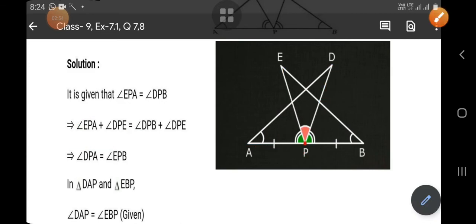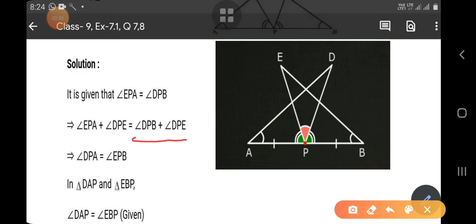Similarly, angle DPB plus DPE gives this one angle, that is EPB. So we can say that angle DPA is equal to angle EPB.